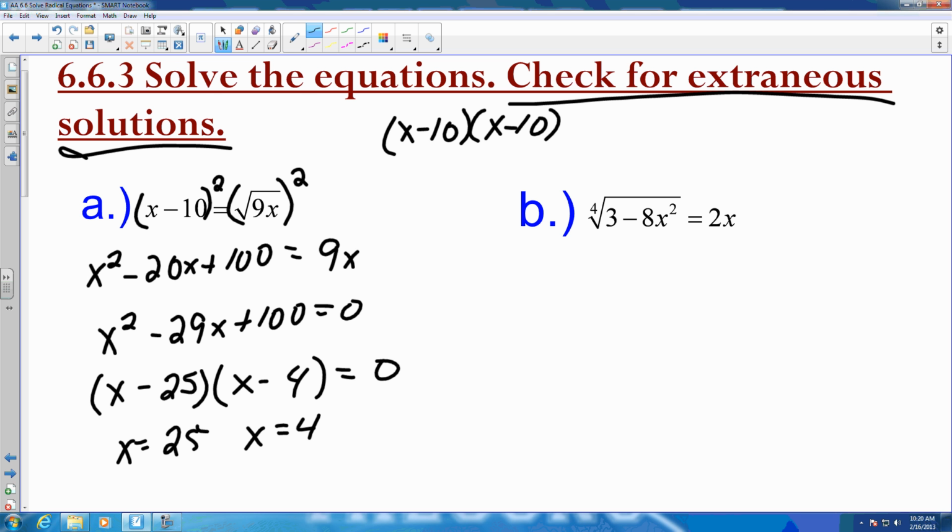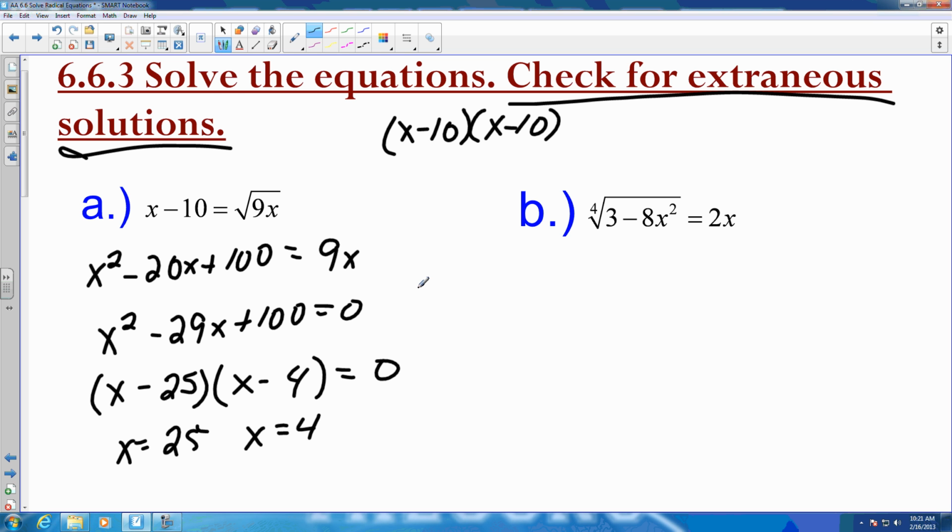Now, going back to my original equation, so what I'm going to do is I'm going to erase this a little bit so I can get back to my original equation. So my original equation is x minus 10 equaling the square root of 9x. So if I use 25 in my equation, 25 minus 10 is 15.